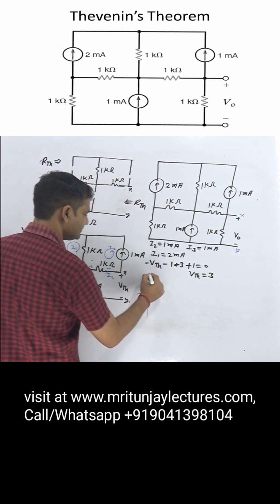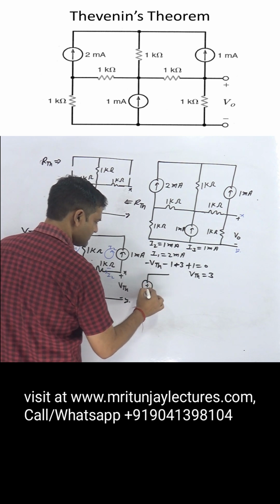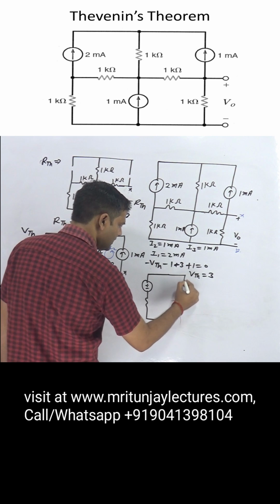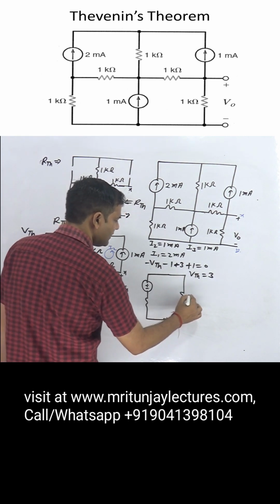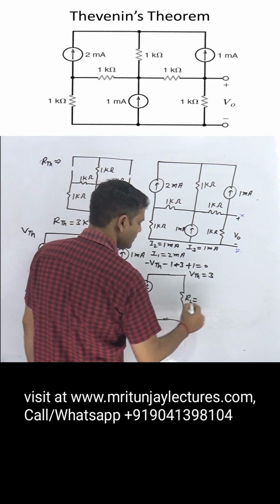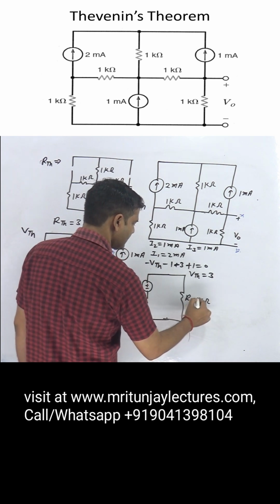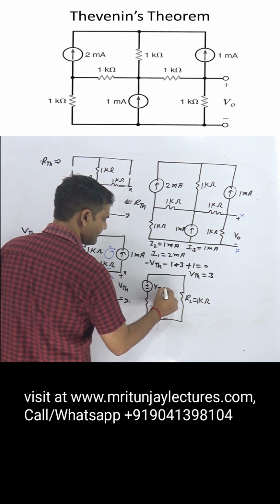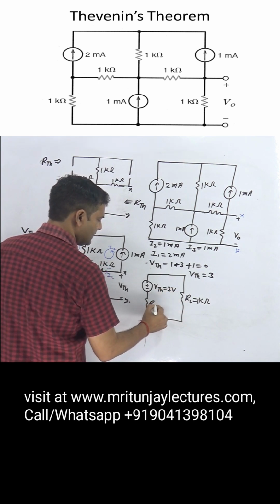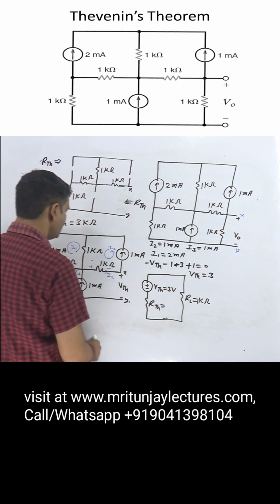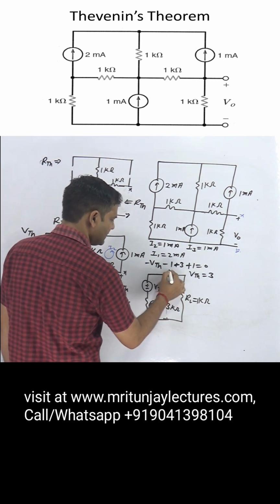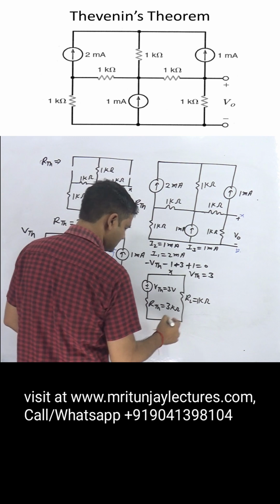After that, plus minus, and that is RTH, and here RL is 1 kilo ohm. VTH is 3 volt. RTH is 3 kilo ohm. Here X, here Y terminal.